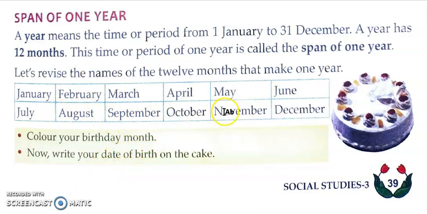Now 12 months are given here. In which month your birthday is there, you have to color that month. For example, your birthday is in October, then you have to color October.